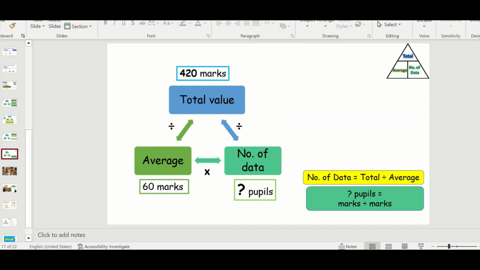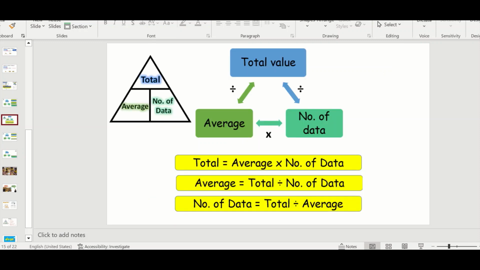If the total marks and the average are given, we can use division to find the number of pupils in the question. If you remember this well, you're likely to be able to answer all the questions related to average. I've repeated this statement a few times, which just shows how important it is.